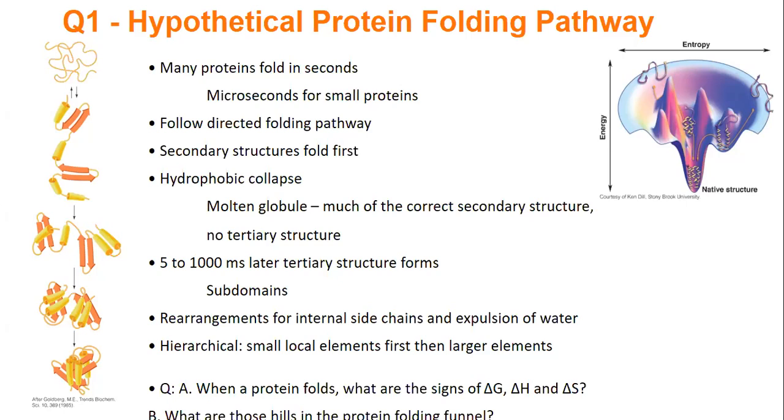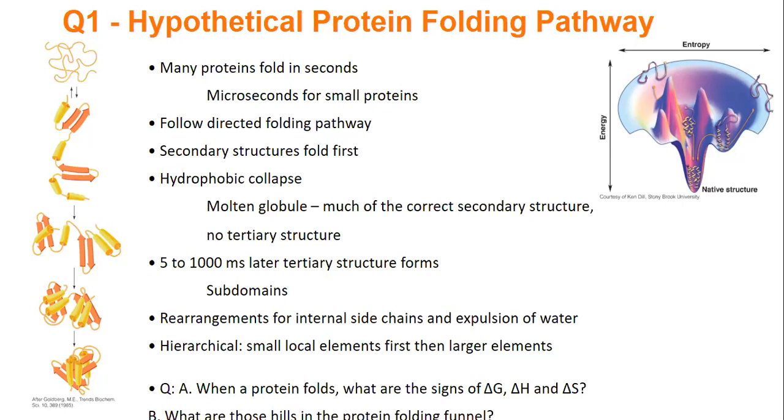So is the hill the energy minimum, or is the bottom of the hill the energy minimum? The bottom of the hill is the energy minimum because negative energies are good. So the hills are saying this is positive energy, because when you are getting out of this local energy minimum, you have to break interactions that were favorable. They're not the most favorable that protein can be in, but they're still favorable.